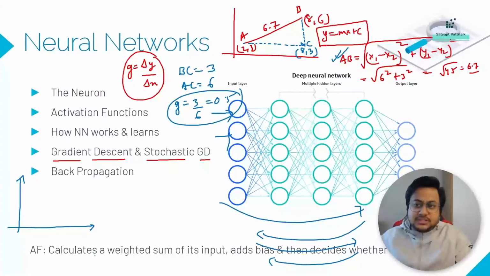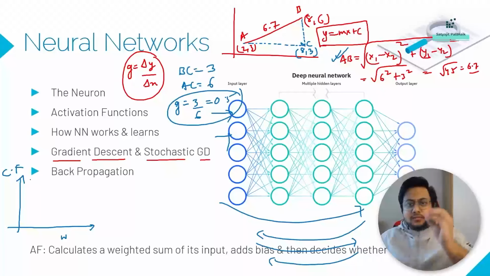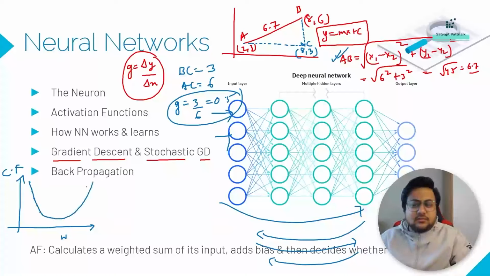What really happens is that if I draw the cost function with respect to weights, when we run the code for the first time, the cost function will be very high, somewhere here. Then the cost function decreases. This is how the graph looks.